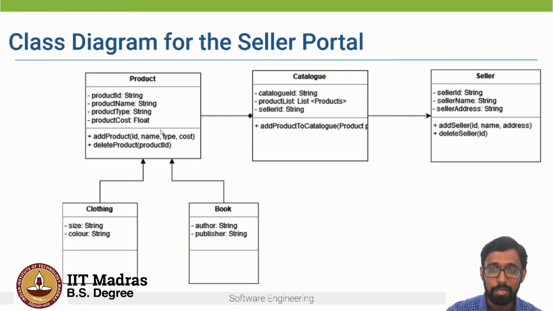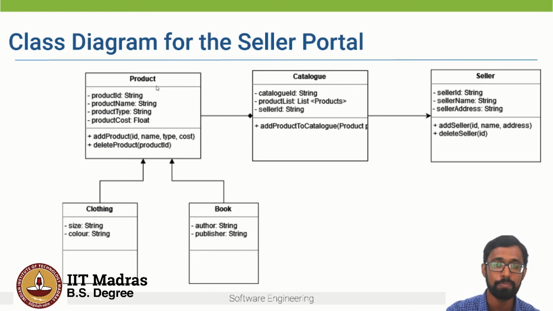So here you can also see that the product and the catalog classes have a composition relationship, right? So we see that a group of products are composed to form a catalog. And similarly, here you can see that clothing and book are classes, but they inherit data members and methods from the base class, that is product.